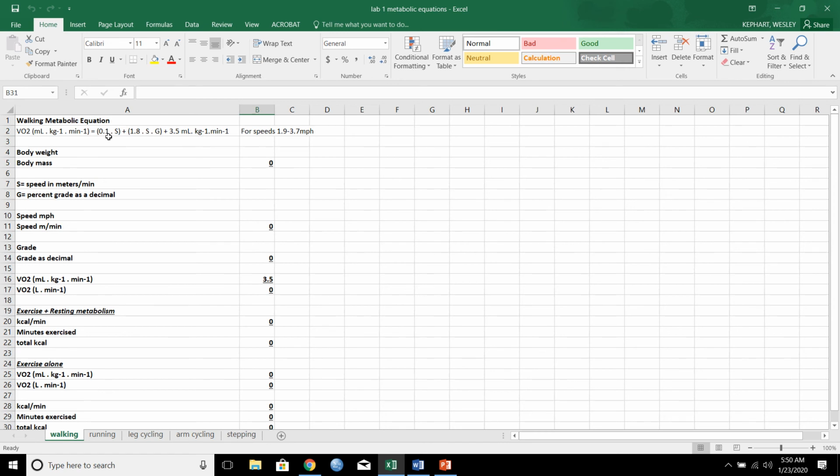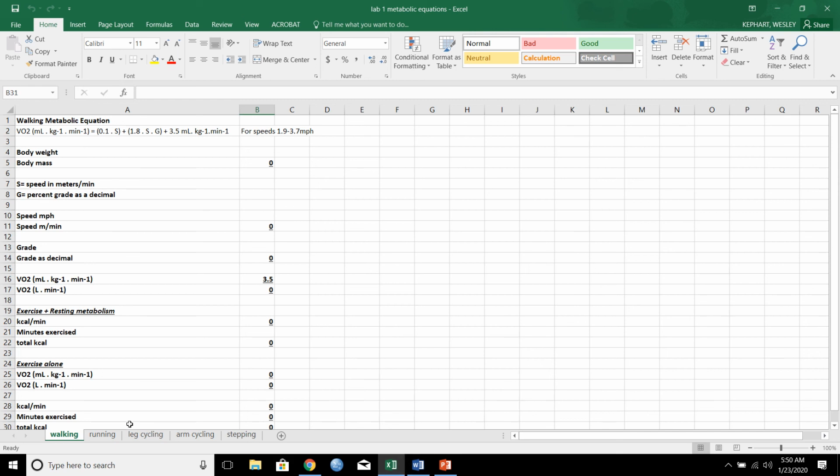So if you see that, this right here, 0.1 S, that is the horizontal component, and 1.8 SG, so grade really just means incline or vertical distance. So that's the vertical component, and that's the horizontal component. So here for the walking one, for the vertical component, you would just write 1.8 multiplied by S multiplied by G. For the horizontal component, it would just be 0.1 multiplied by S.